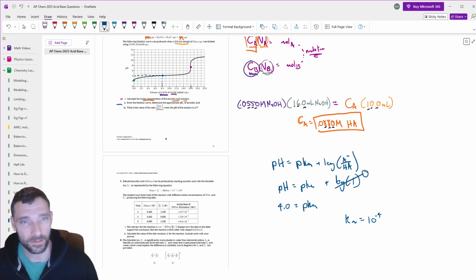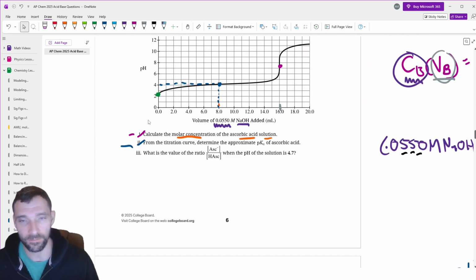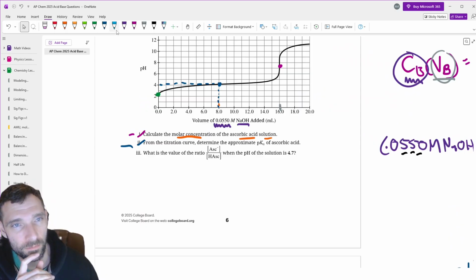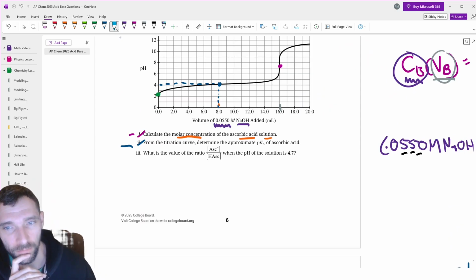So we've got these two parts taken care of. And then this next question, they've asked this a couple different ways before, but this is saying if you're at a random point along this titration, it's about 4.7. So we're kind of here-ish for our pH.